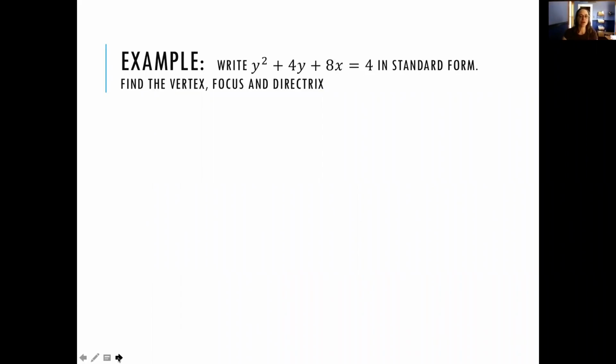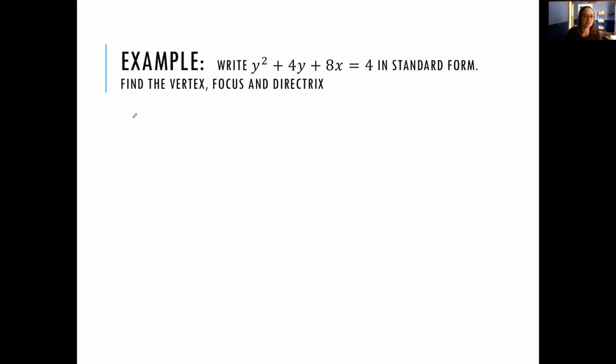Okay, so we need to write this in standard form. In order to write the equation of a parabola in standard form, if it is given to us in expanded form, such as this one is, we are again going to complete the square. Because we're going for standard form, the first thing we're going to do is gather all of the terms that include the variable which is squared on one side.